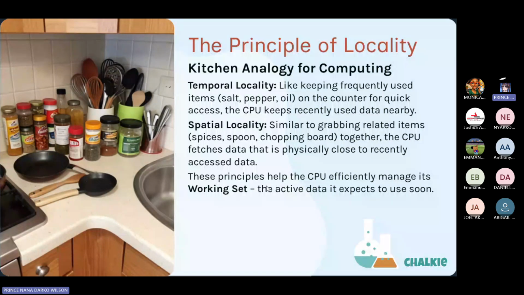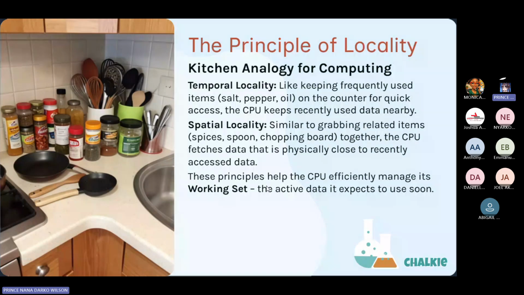Everything I will need in that instant, the spoon I'll need to pick up the shito, everything I'll need to do that work within that particular time will be held very close to me. So I am storing it in temporal locality, because I know I access it frequently, it is closer to me than things that I access less frequently. So the CPU keeps recently used data nearby, and this demonstrates temporal locality.